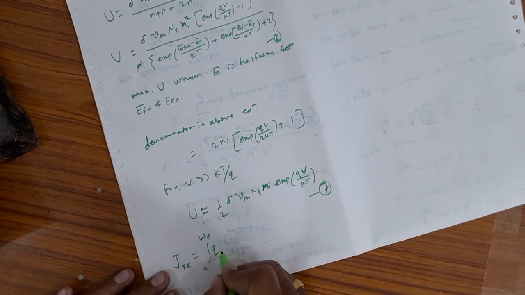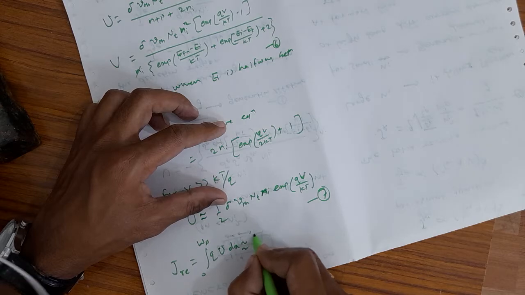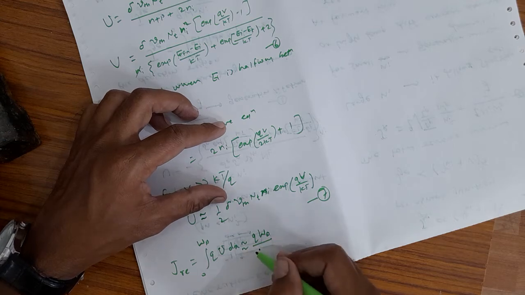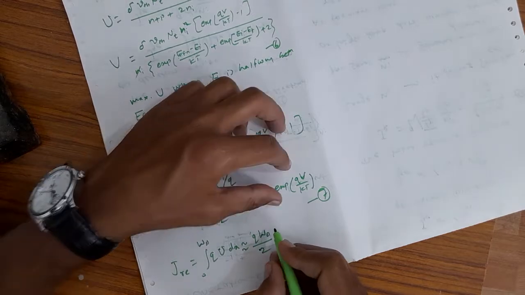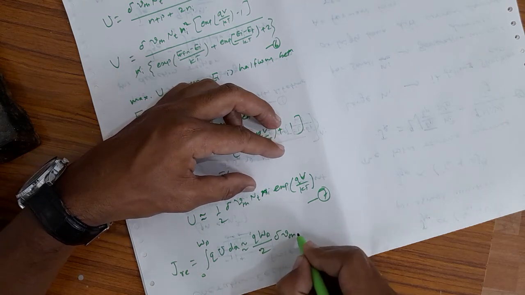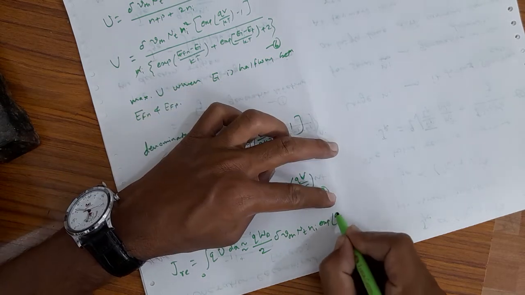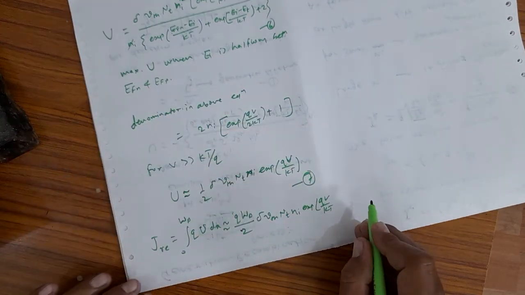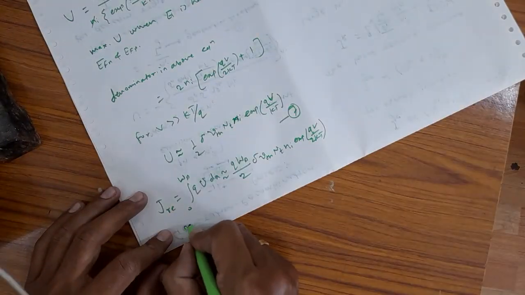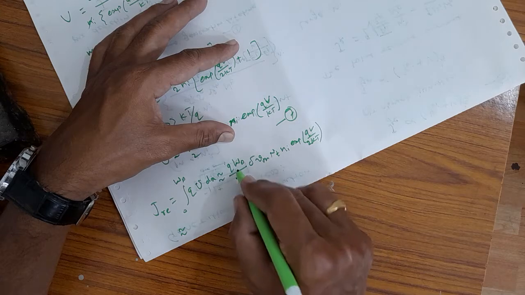Substituting the value of U here, q mod U dx is approximately equal to qWD upon 2 into sigma VTH NT ni into exponential of qV by 2kT dx.